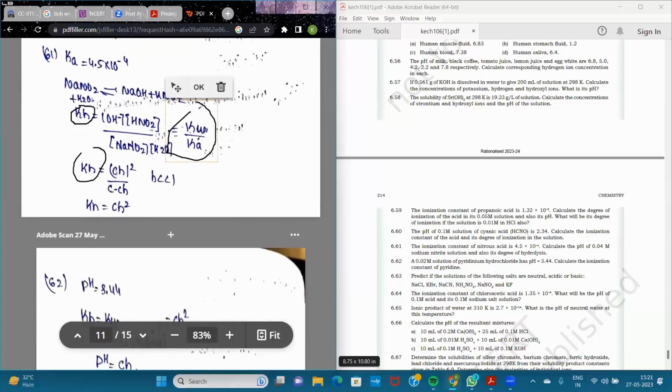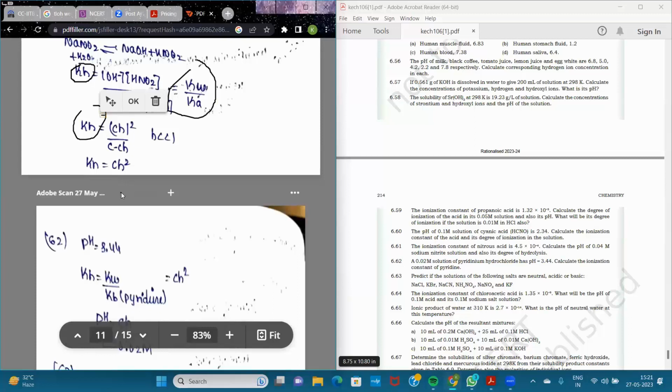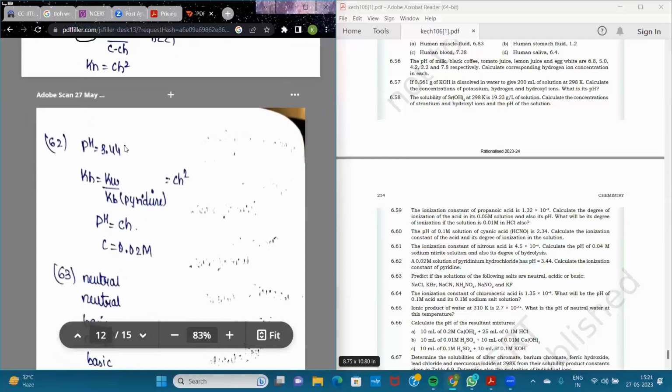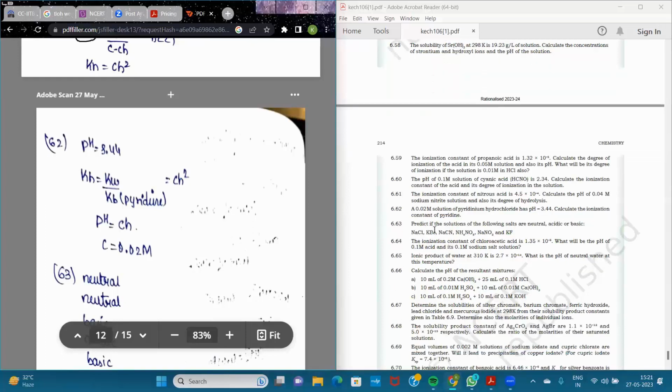If we substitute Kh value, Kw by Ka equals C h square. From this relation, we'll obtain the degree of hydrolysis. We can get the concentration of H plus as C into h, the degree of hydrolysis. And we'll go with 62nd question.